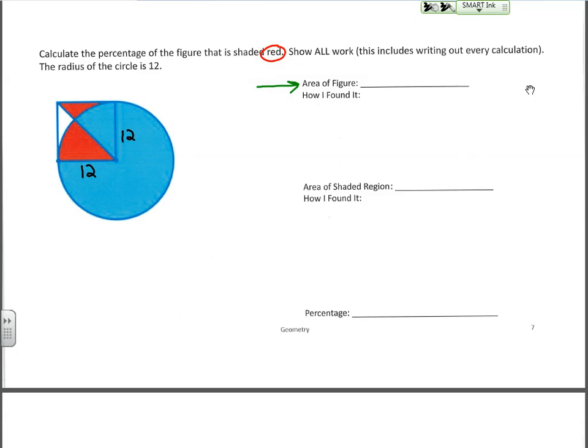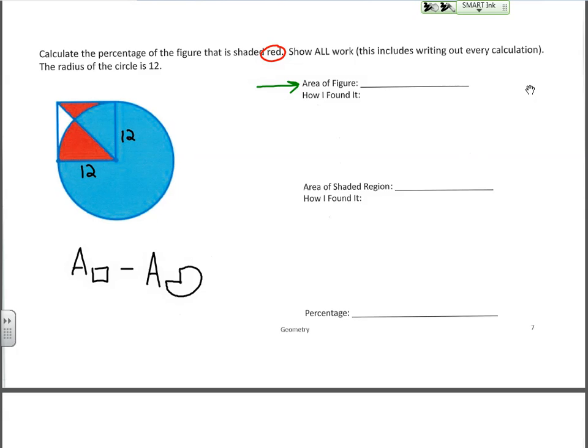So we talked about, okay, how can we use that information to get the area of the entire figure? Well, different ideas were tossed out there, but most efficiently, we said, well, let's find the area of the square, and then subtract the area of the circle that remains. Okay?